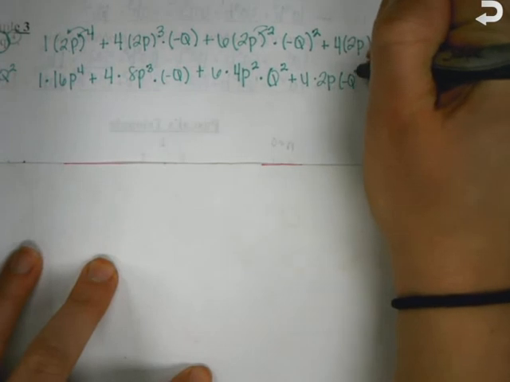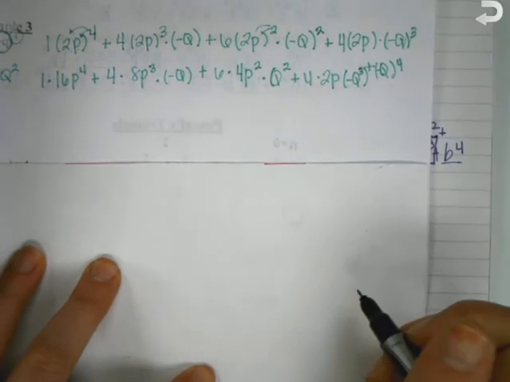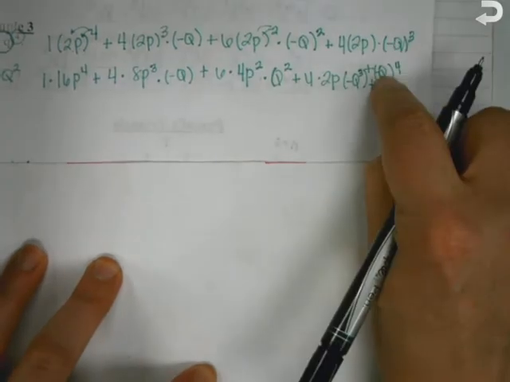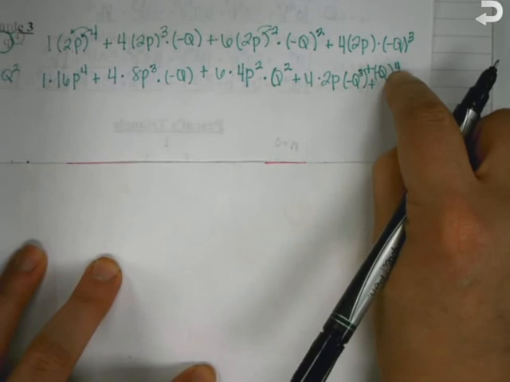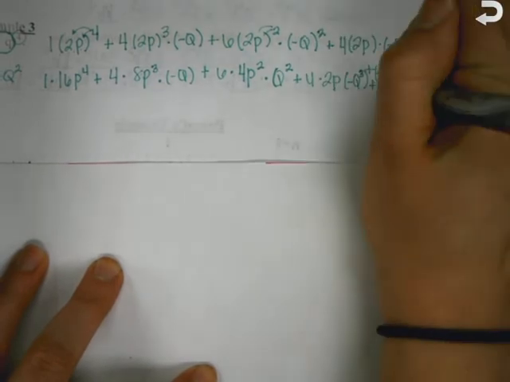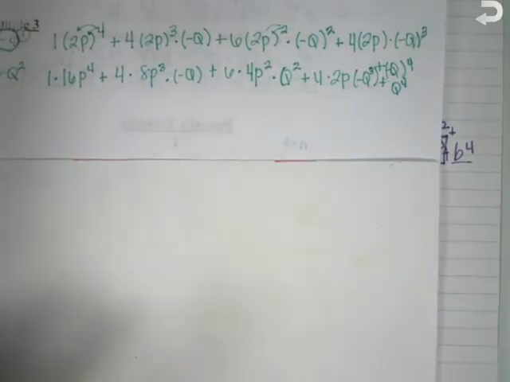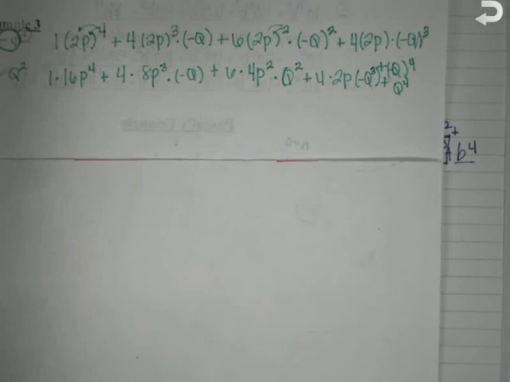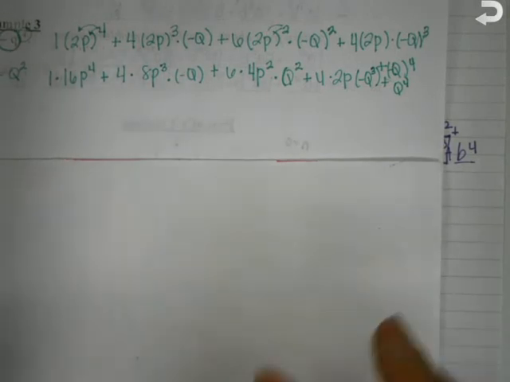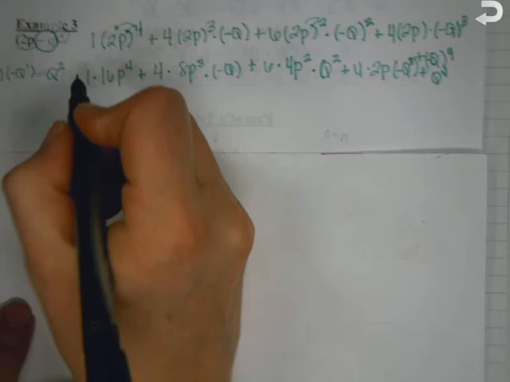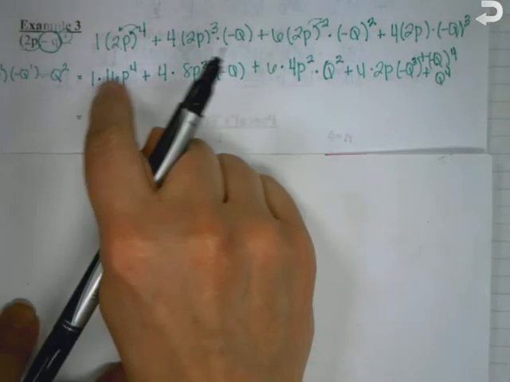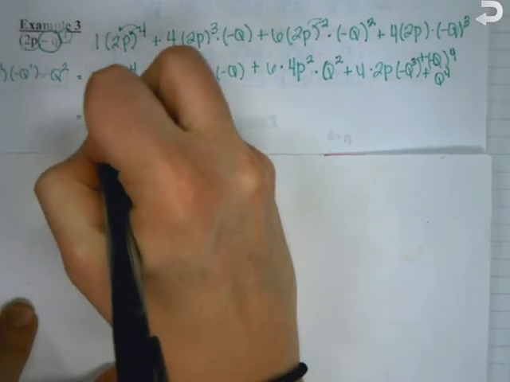1 times 16p to the 4th gives me 16p to the 4th. Plus 4 times 8 gives me what? 32 times a negative. It's a negative 32. So it's going to be minus 32p to the 3rd q.